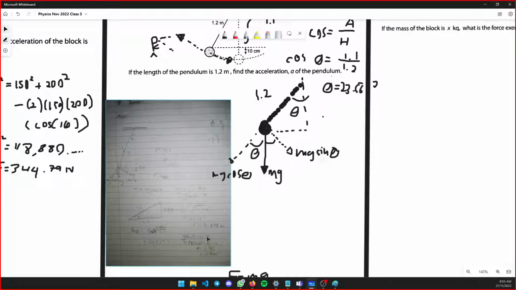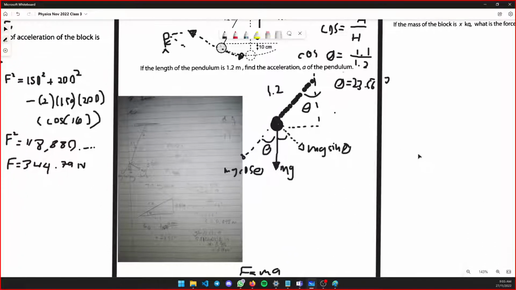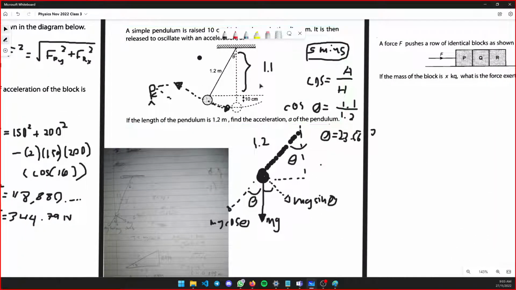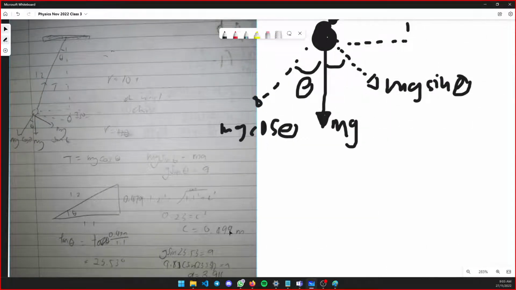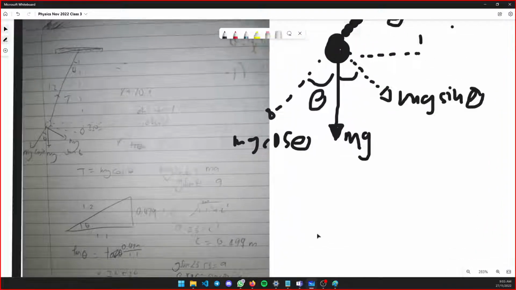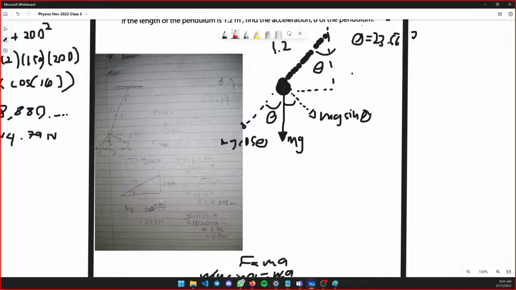A bit unnecessary because, like I mentioned just now, with any two sides you can find the angle. So just having 2 is already enough. You don't have to go to tangent. Just use cos and you would have saved some time. But okay, good job. You went the creative route, and you still find the same answer. g sine 23.3 and you get the answer.